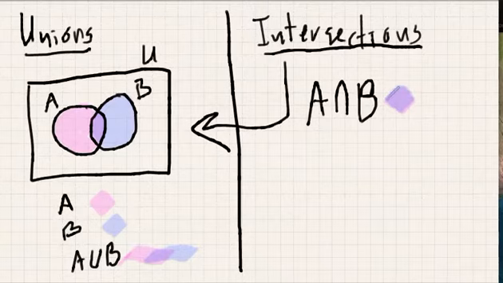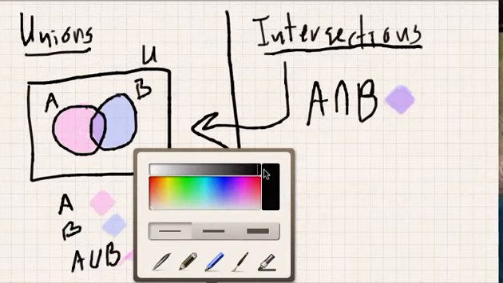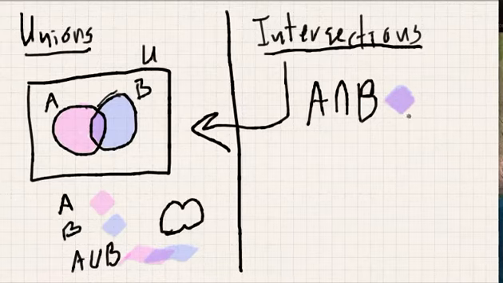It's everything that came out this nice purple color. So again, A union B is this whole shape right here, whereas A intersect B is this lens shape right here.